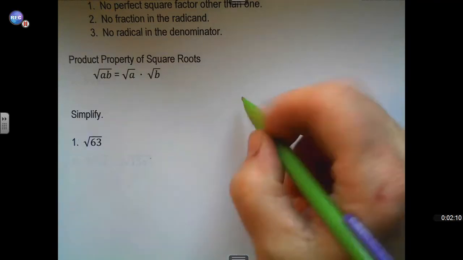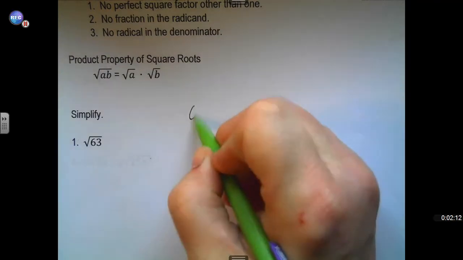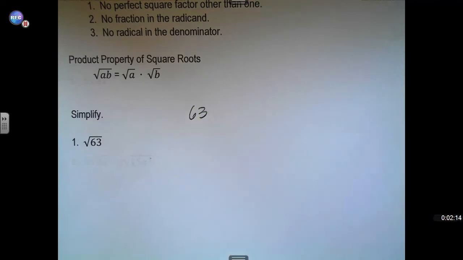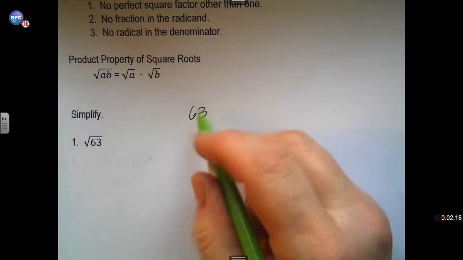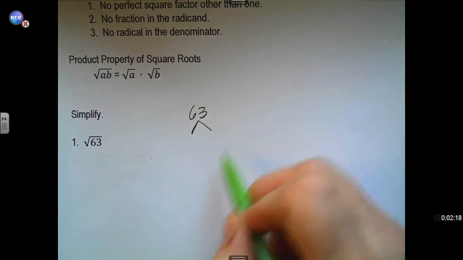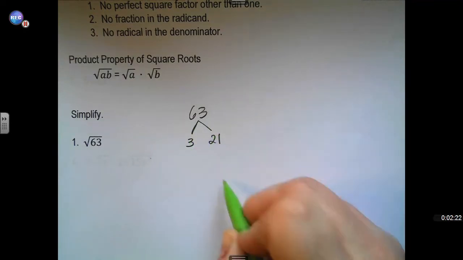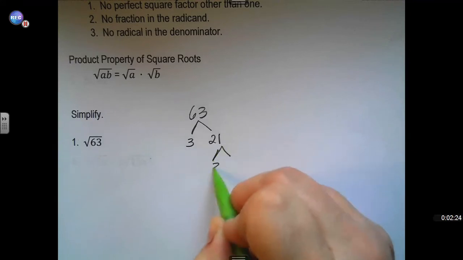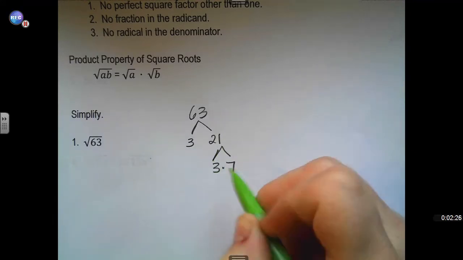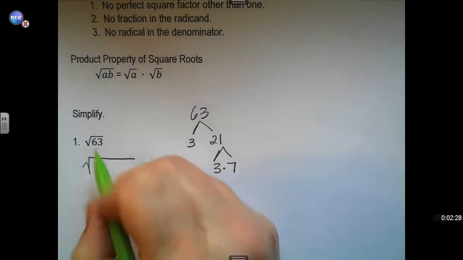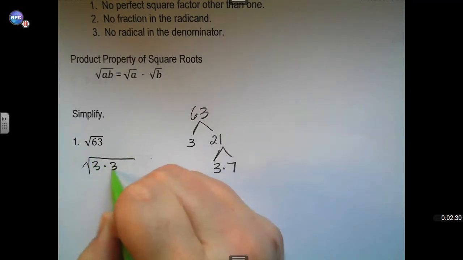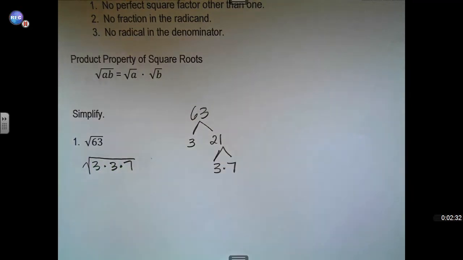So the way I do this is I go off to the side, I take 63, and I do the prime factorization. So it's not divisible by 2, but it is divisible by 3. It's 3 times 21, and that's 3 times 7. So this is the square root of 3 times 3 times 7.